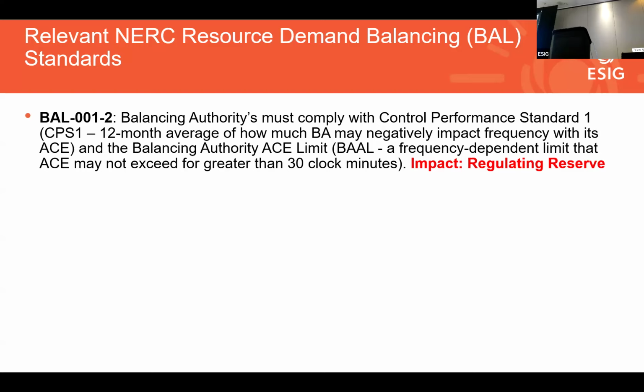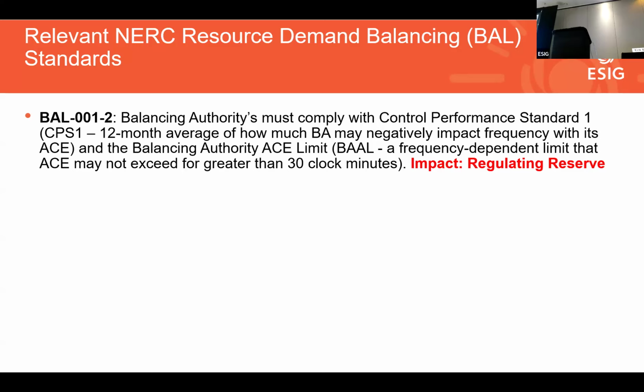There are actually two: the BAL-001 standard, control performance standard 1, which is a 12-month average of 1-minute data to see how much negative impact an imbalance in a balancing authority area has on the frequency. And then the balancing authority ACE limit is essentially a large excursion of ACE that can happen, dependent on the frequency error on the system, that if you exceed that limit for more than 30 minutes, there can also be a performance violation through NERC.